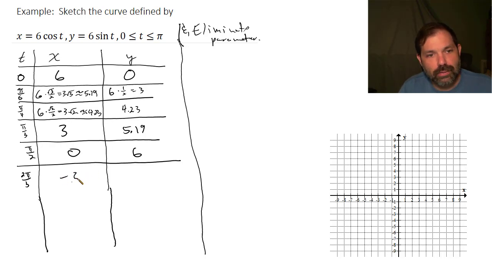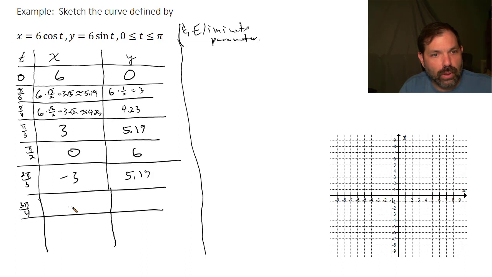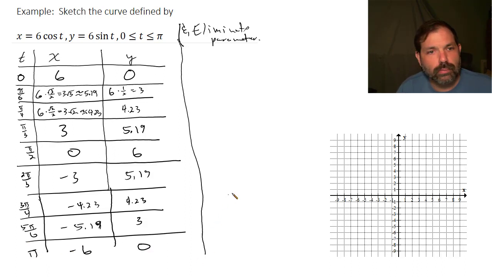So this would be negative 3, 5.19. 3 pi over 4, I'd end up with negative 4.23, 4.23. 5 pi over 6, I'd end up with negative 5.19 and 3. And then at pi, I'd have negative 6 and 0.